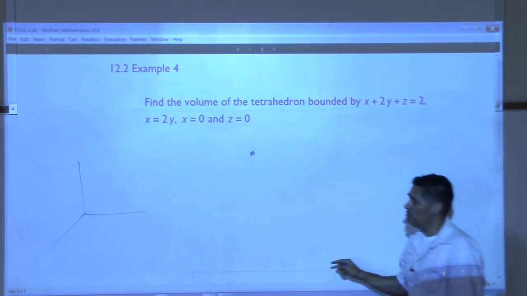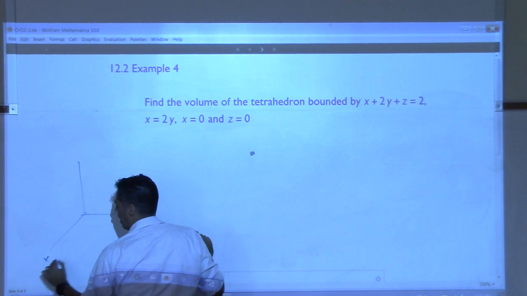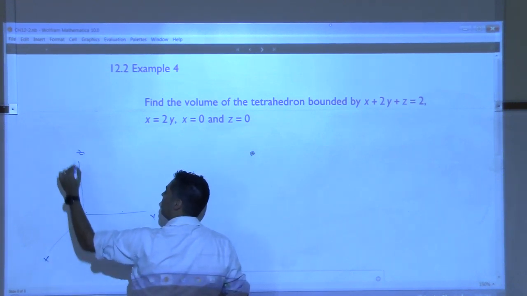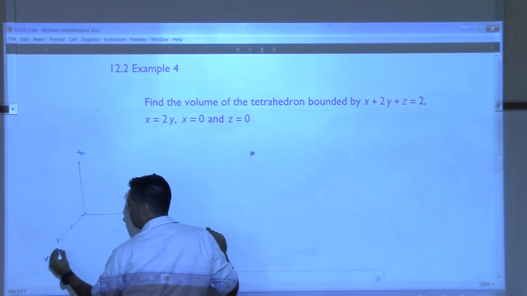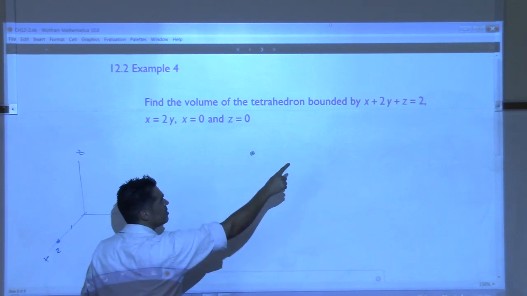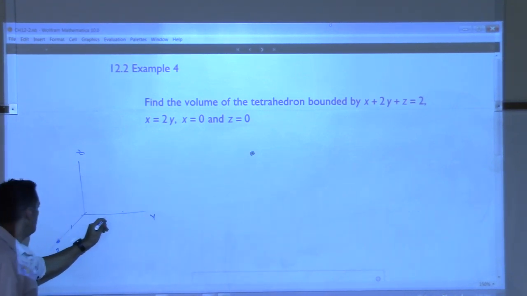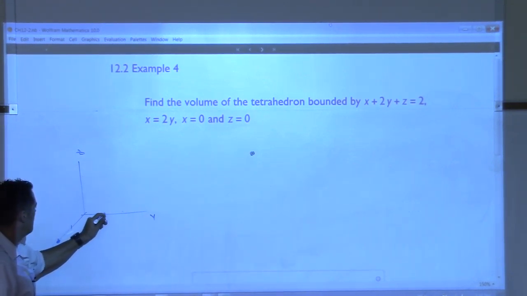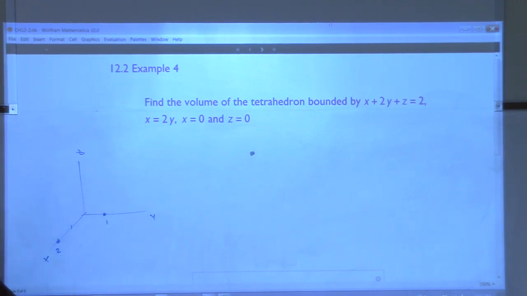So if this is x, this is y, this is z, we have it at 2 here. And then where does it touch the y-axis? At 1. And where does it touch the z-axis? At 2. So you can imagine a plane cutting through like that. That's not the whole plane, but that's part of it, right?